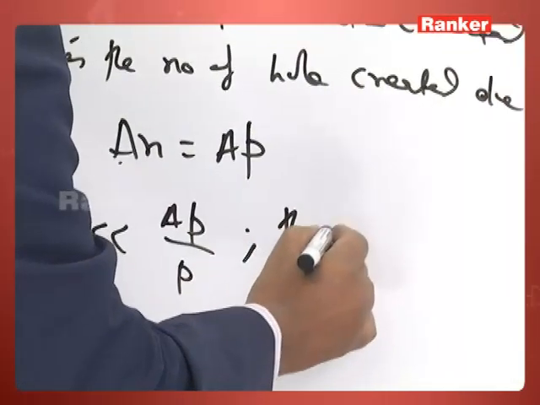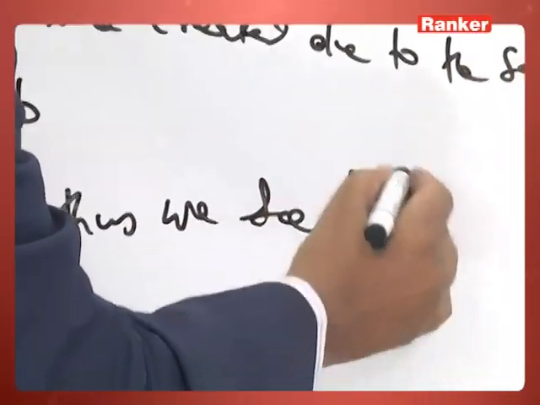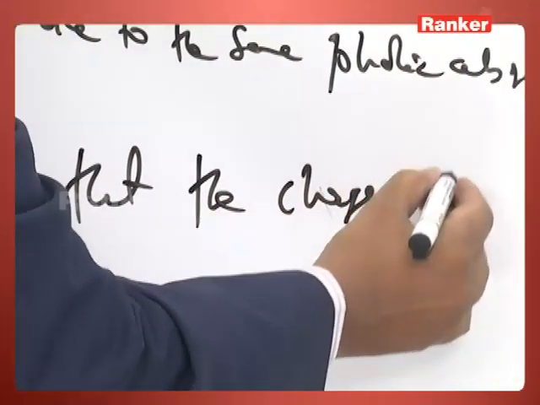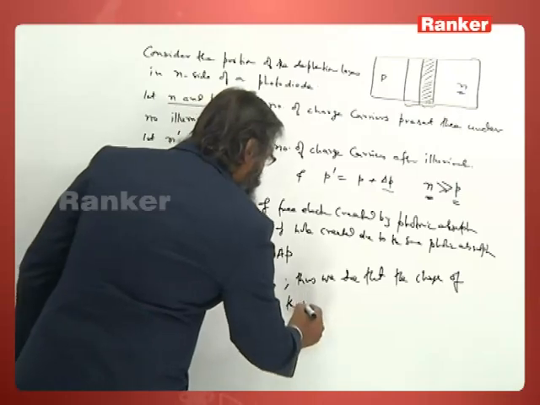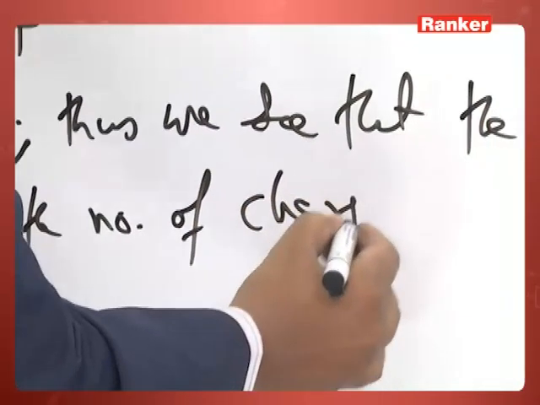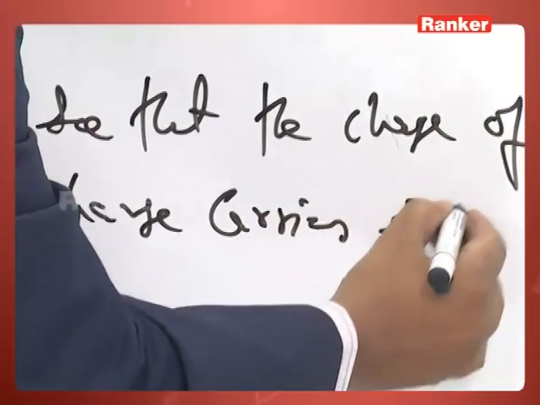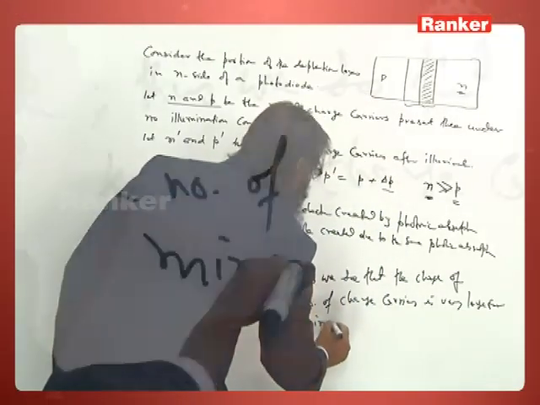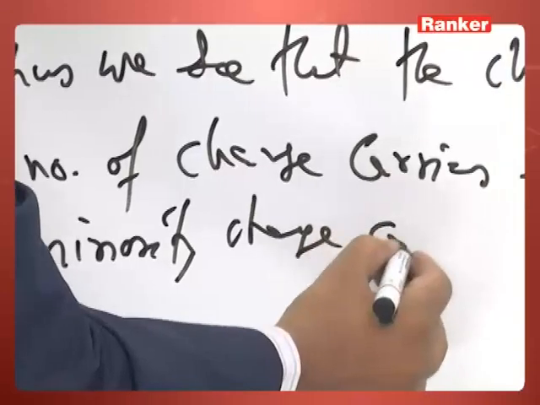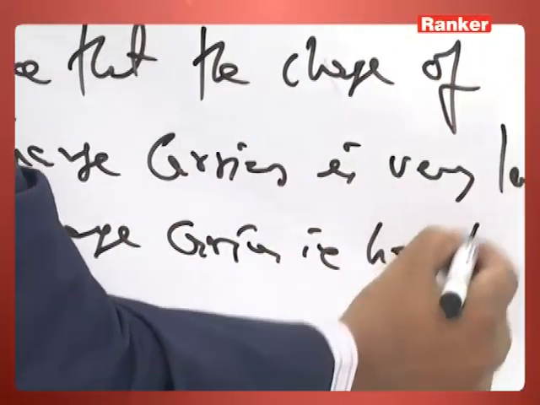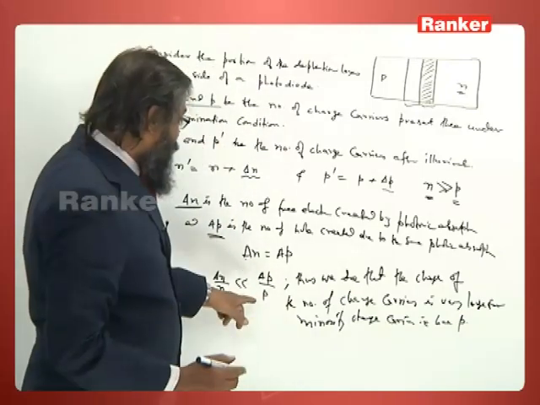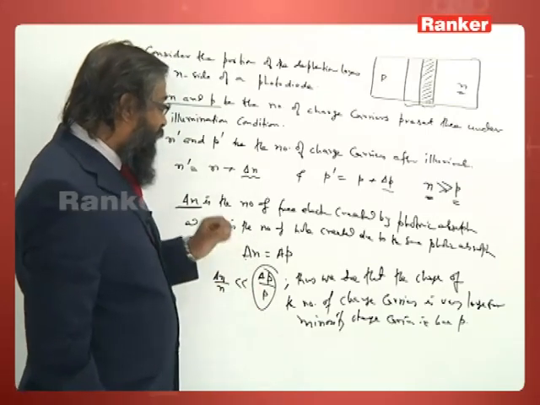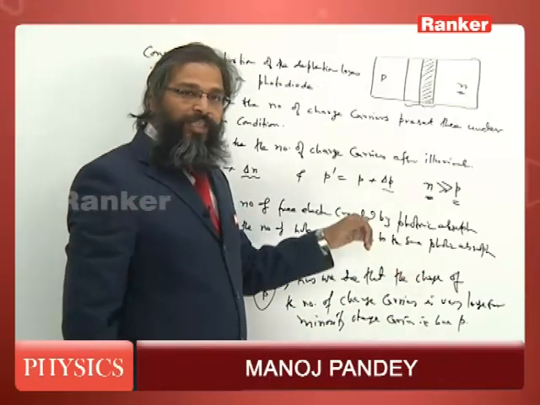Thus we see that the change in the number of charge carriers is very large for minority charge carriers, i.e. here the holes P. This denotes the fractional change. The fractional change is very large for minority charge carriers.